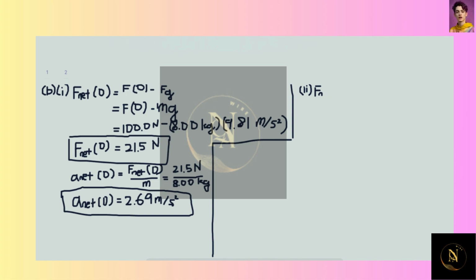Sorry, let's start over. So the net force after 3 seconds is going to be equal to that force we found earlier, also after 3 seconds, subtracting off the force due to gravity, because gravity is always the same.